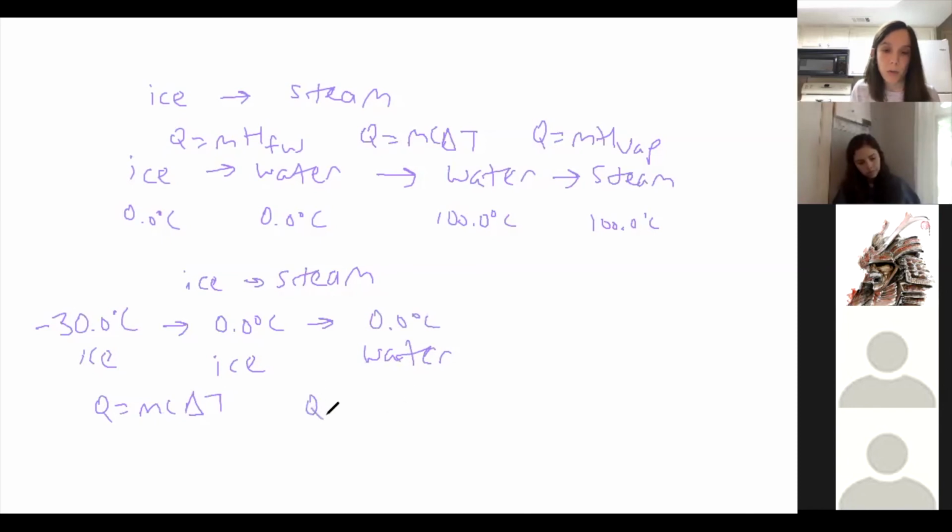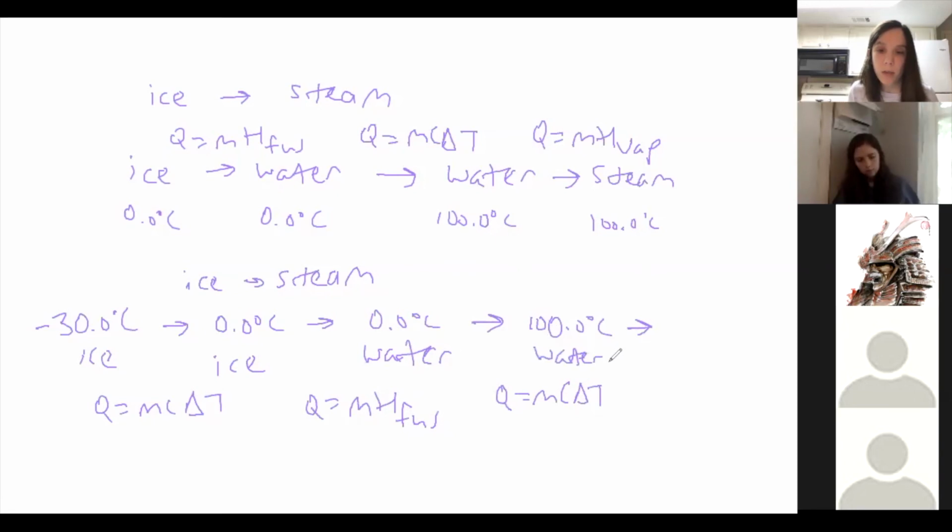We would use Q equals M times heat of fusion for that one. And then water at 0 to water at 100 degrees Celsius, we'll use Q equals MCΔT for the temperature change. And then water going to steam will be the last step. For that one, we would use Q equals M times heat of vaporization.